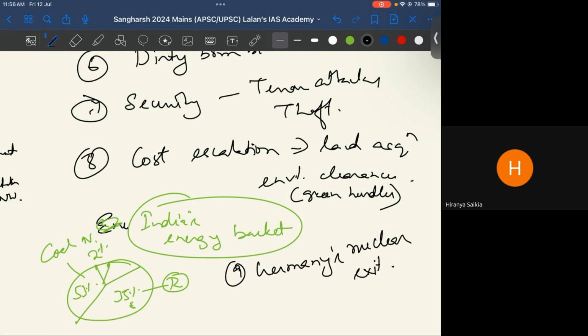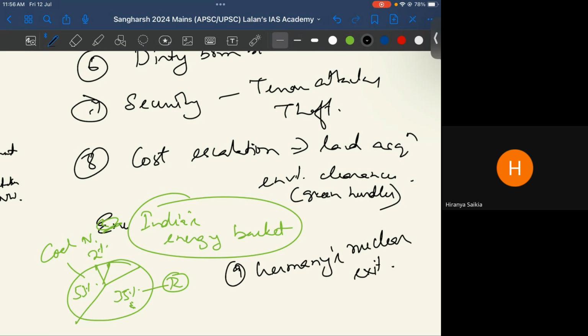Their main concern is nuclear radiation and nuclear accidents, which they feel can lead to disasters. At one time in Germany and Europe, around 10% of energy consumption used to be nuclear. France was the biggest.